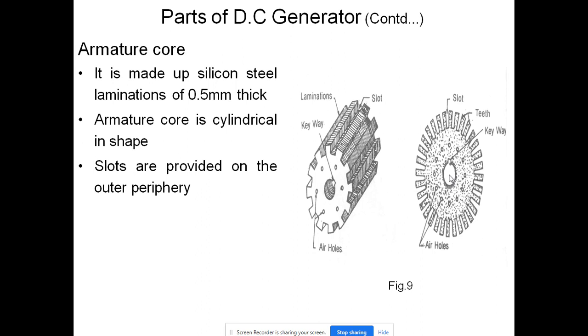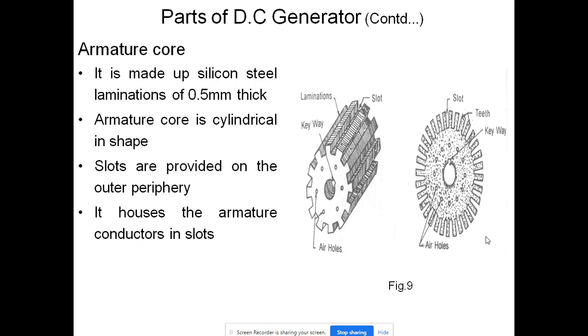This armature core is cylindrical in shape, and slots are provided on the outer periphery of the armature core.